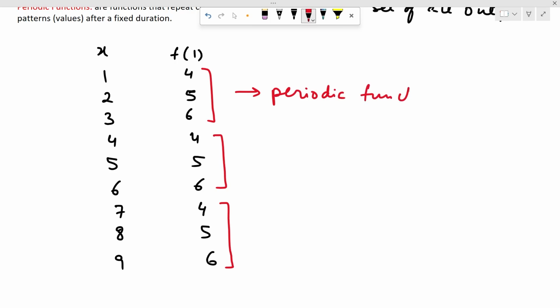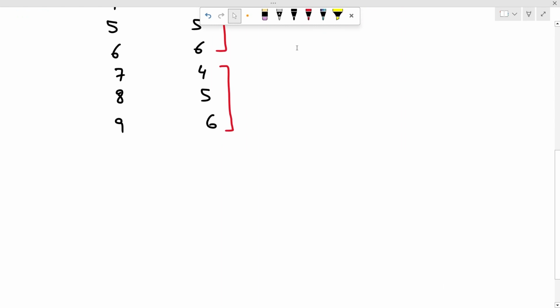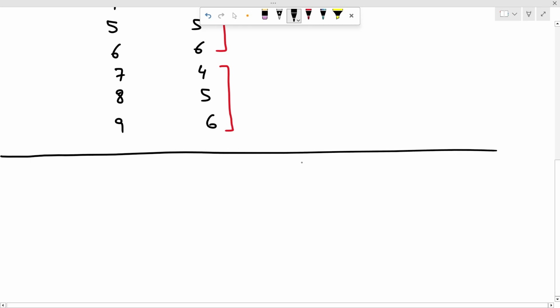Well, how common are these periodic functions? All the trigonometric functions are periodic functions, as they do repeat themselves after every 360 degrees. But where have we seen the trigonometric functions?